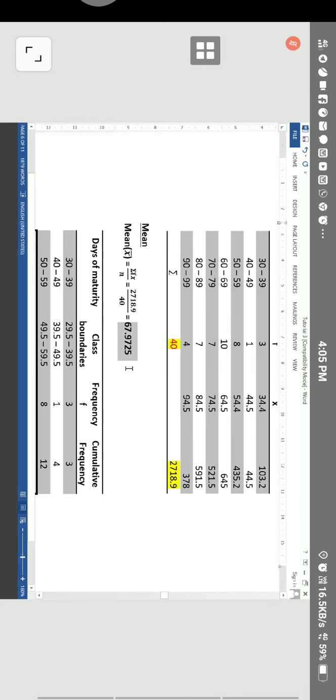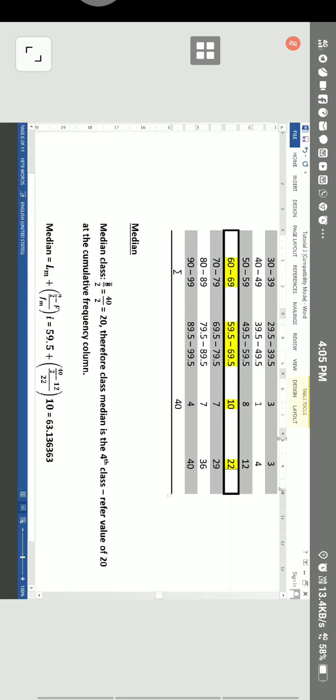Next, you need to find the median. First, from the cumulative frequency, determine which is your median class. With your sample of 40 divided by 2, that is 20.